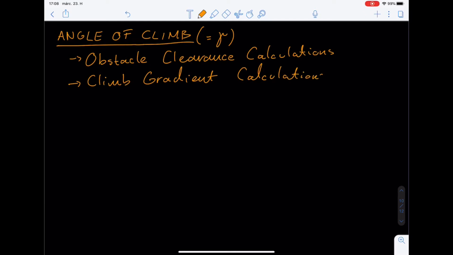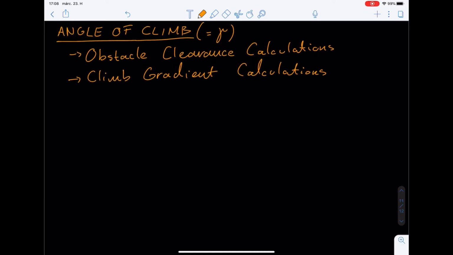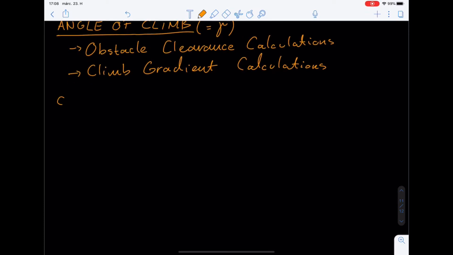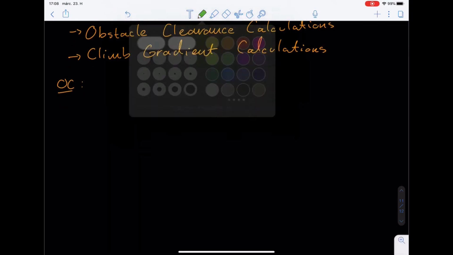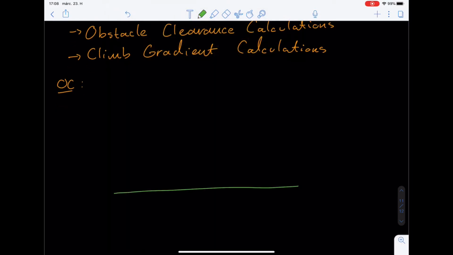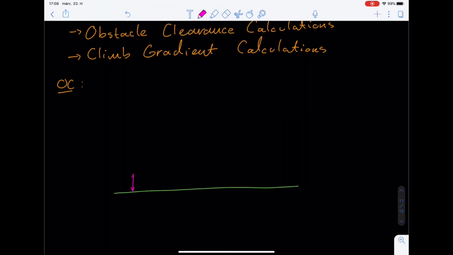Okay, so the first one, obstacle clearance calculations, I think are very straightforward. Let's just refresh it, however. So obstacle clearance, here we have a nice old plane. Here we have the screen height that we have achieved after takeoff, and here's the flight path of the aircraft.